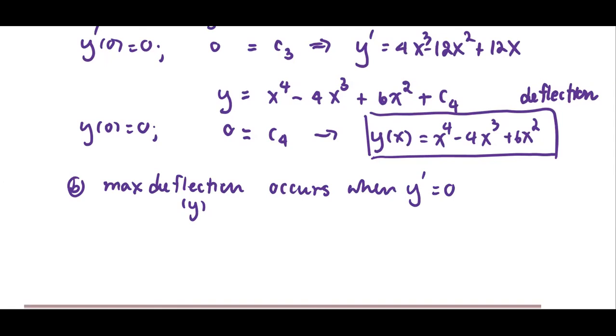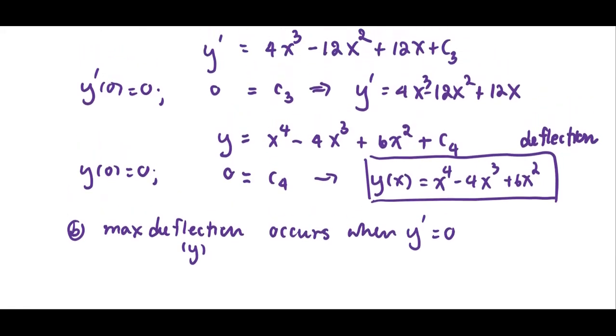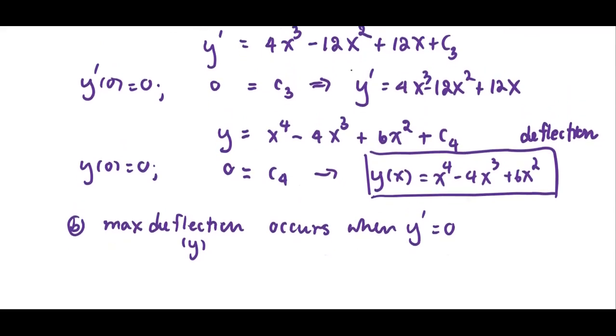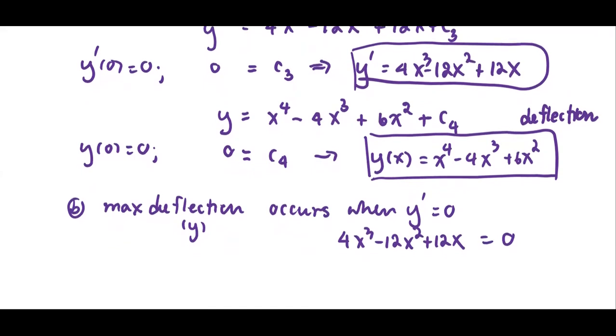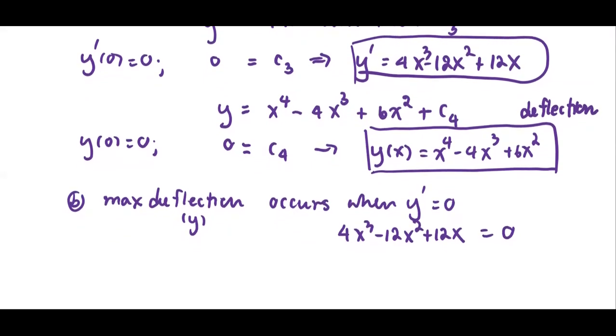From the y prime that we obtained during the process, y prime is 4x to the third minus 12x to the second plus 12x, and we set it to 0 to solve for x, the position that gives the maximum deflection. Factoring out 4x, we get 4x multiplied by x squared minus 3 times x plus 3 equals 0.